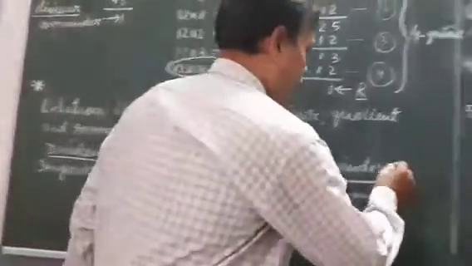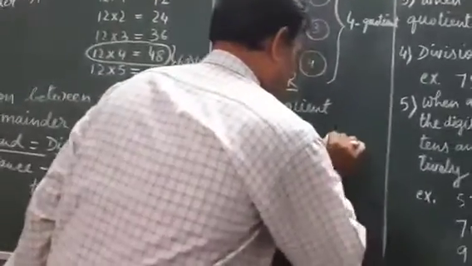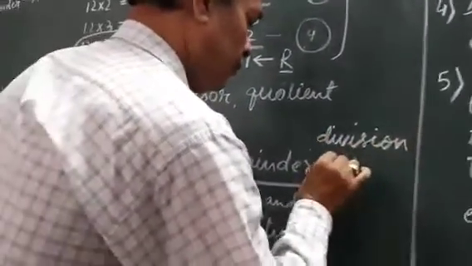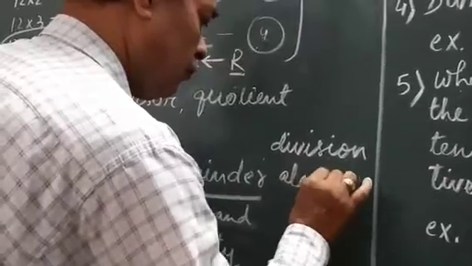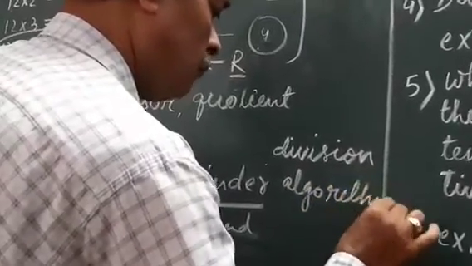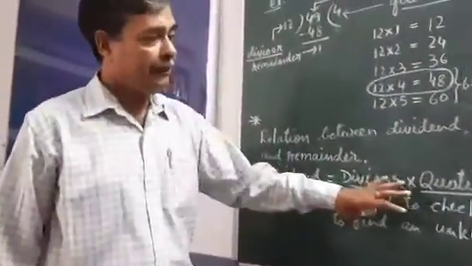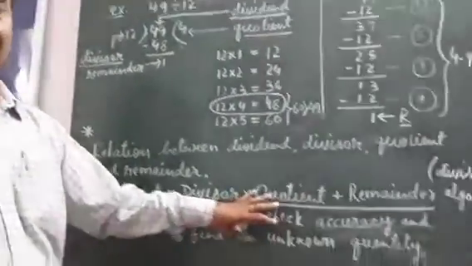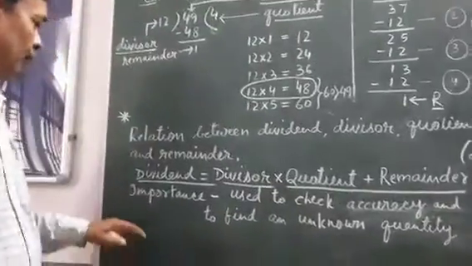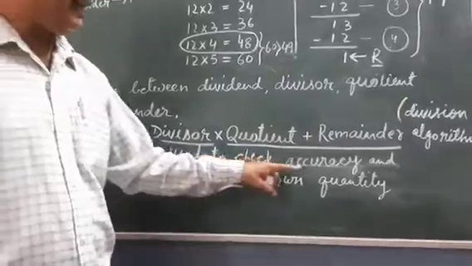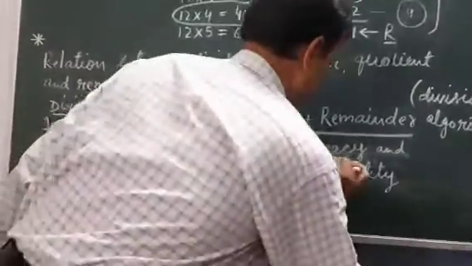This is called the division algorithm. This division algorithm is very important and very useful. It is useful to check a division for its accuracy.